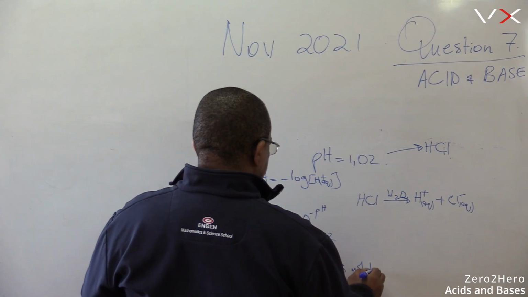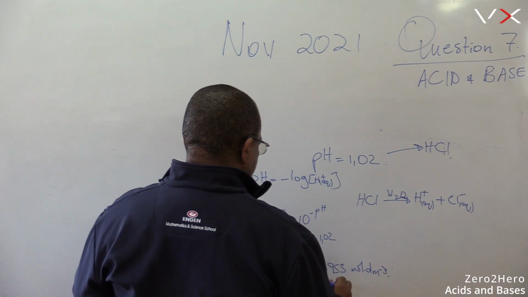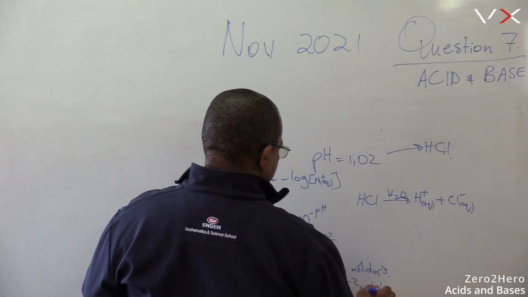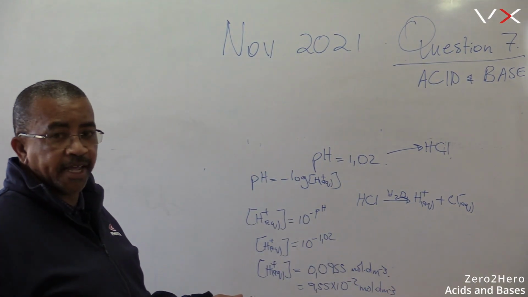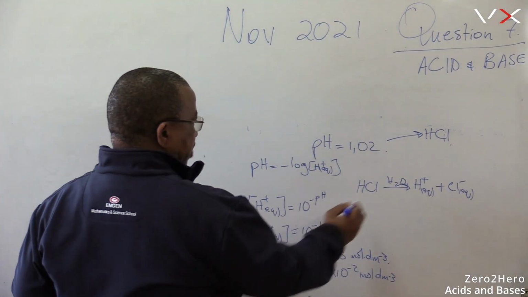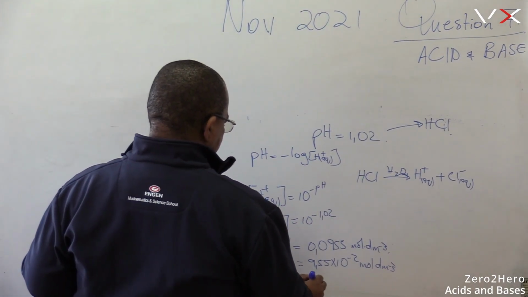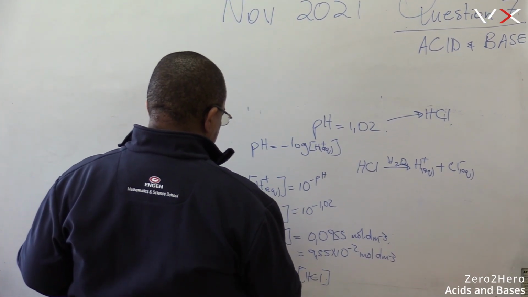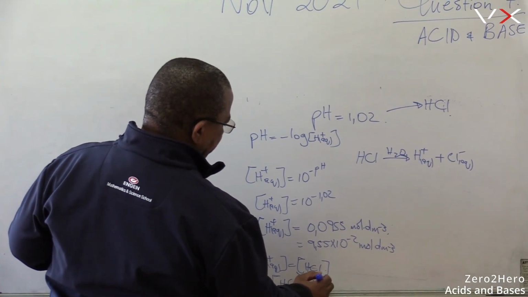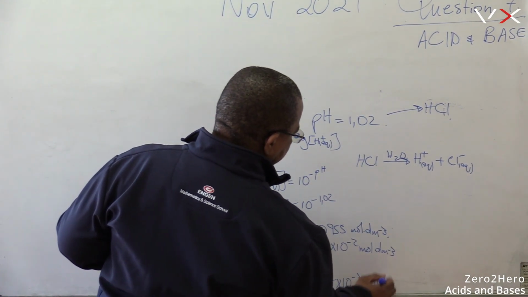I get the concentration of H plus aqueous is equal to 0.0955 mole per decimeter cubed, or we can say 9,55 times 10 to the power minus 2 mole per decimeter cubed. So since it is the concentration of H plus, from the equation the concentration of H plus equals the concentration of HCl. So what is the concentration of HCl? We find that the concentration of HCl is 9,55 times 10 to the power minus 2 mole per decimeter cubed.